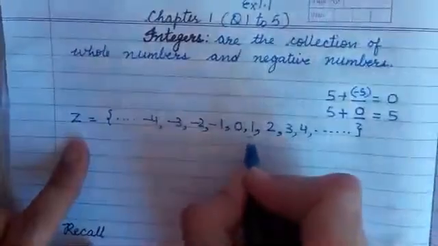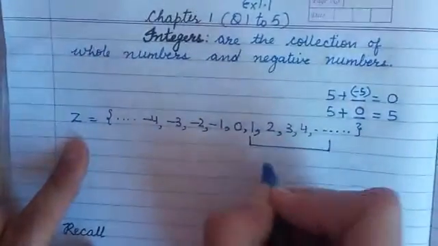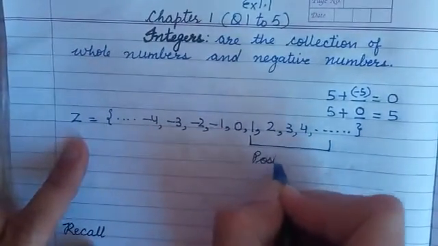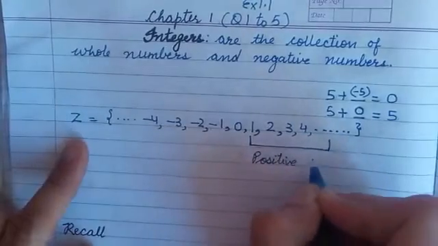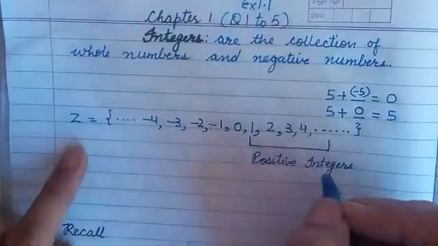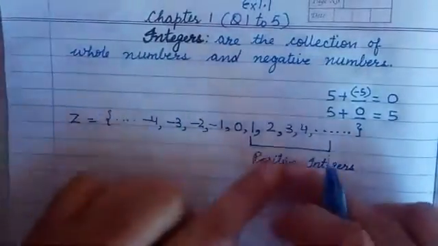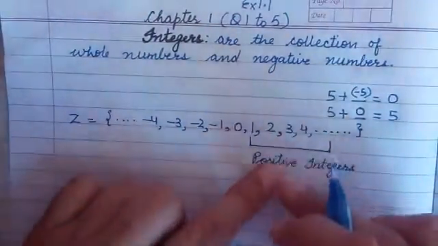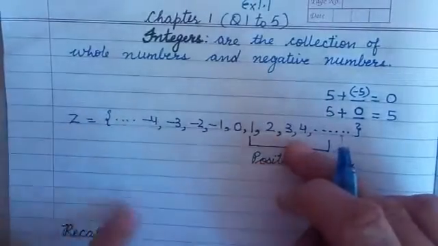These are positive integers. Positive integers correspond to natural numbers.